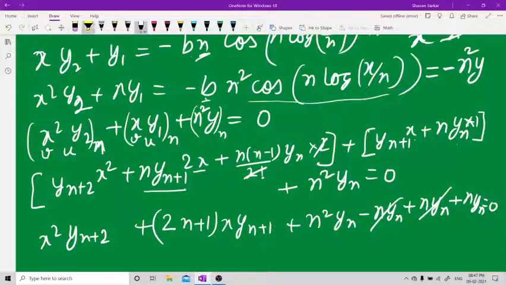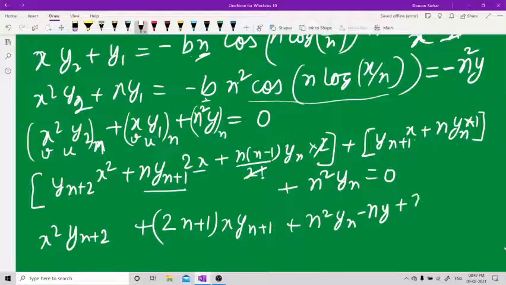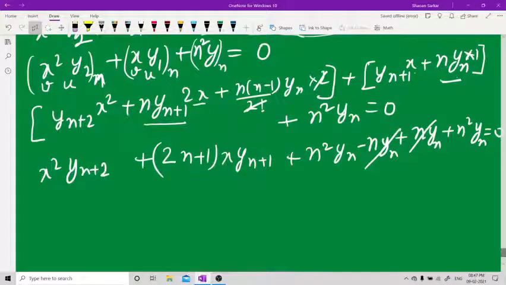Now see, n square y minus ny minus ny plus ny plus ny, and then plus n square yn. This is y and y and y. Now this and this cancel out. You are left with the last part. This only I have to prove.